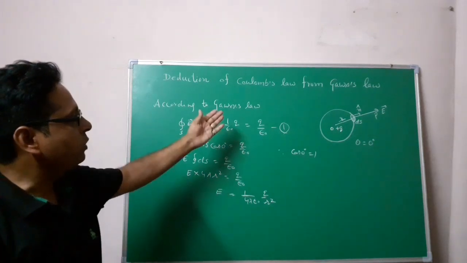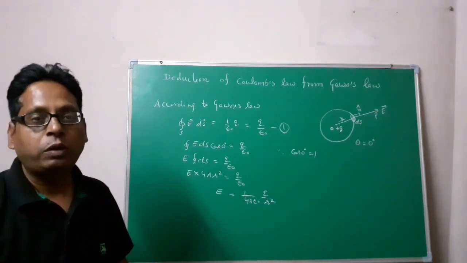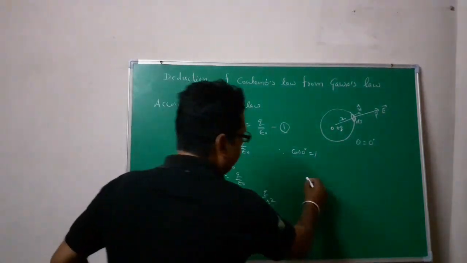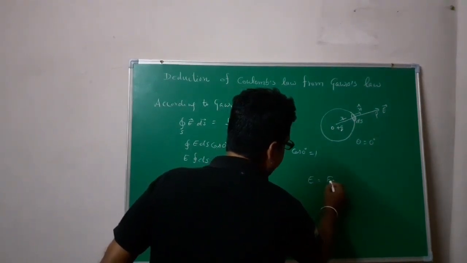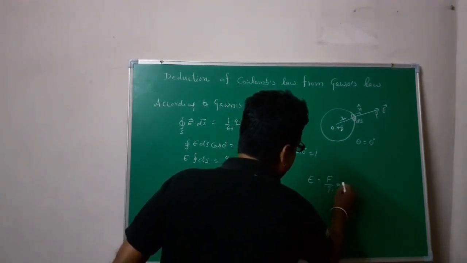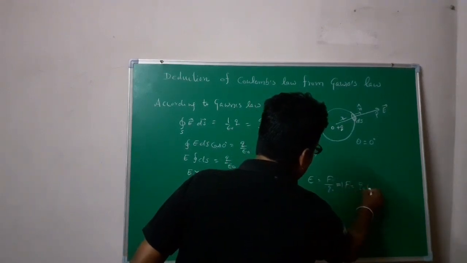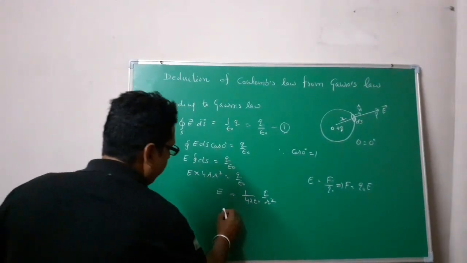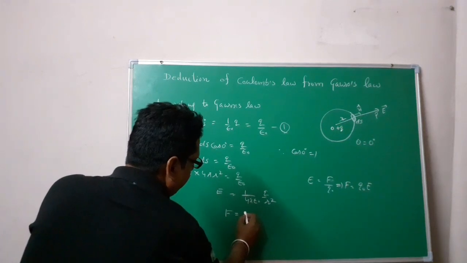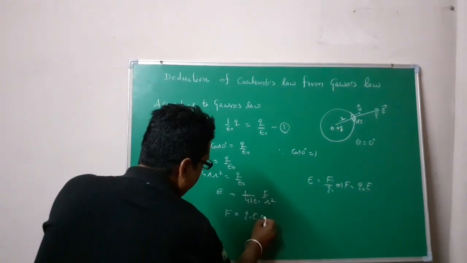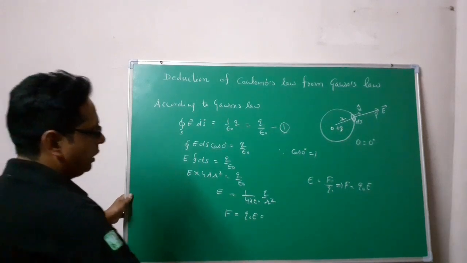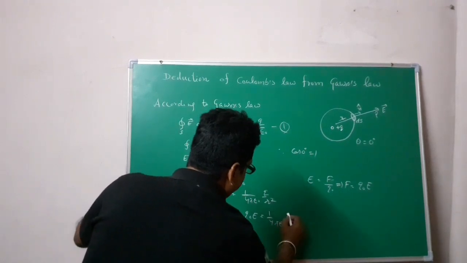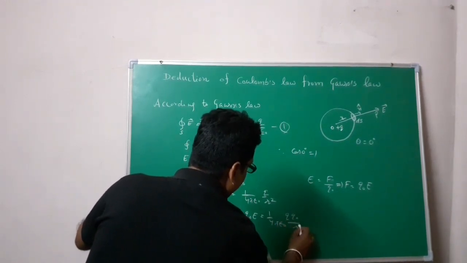Electric field is equal to force per unit test charge, so force is equal to q naught into E. Substituting the value we calculated, F is equal to 1 upon 4 pi epsilon naught times q q naught upon r square.